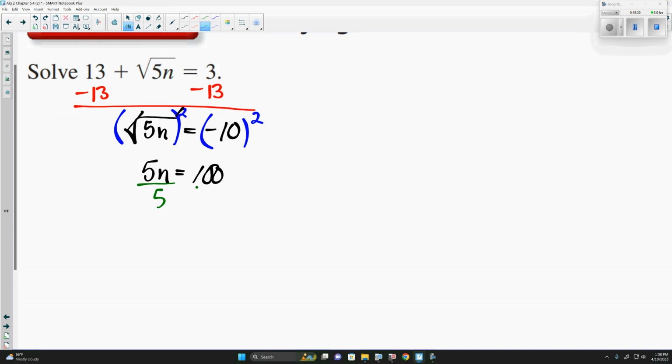Divide both sides by 5. So 100 divided by 5 is 20.